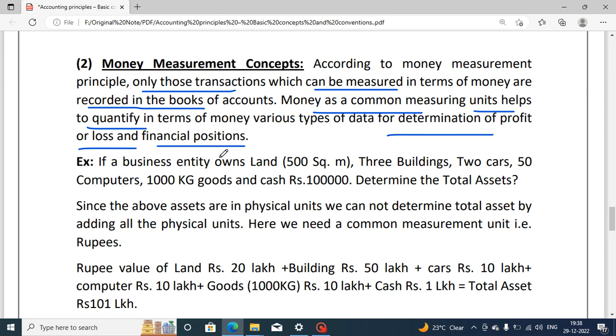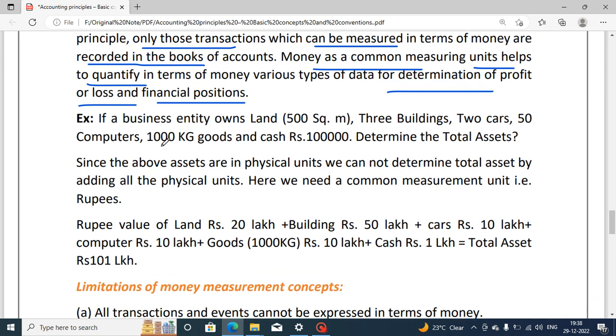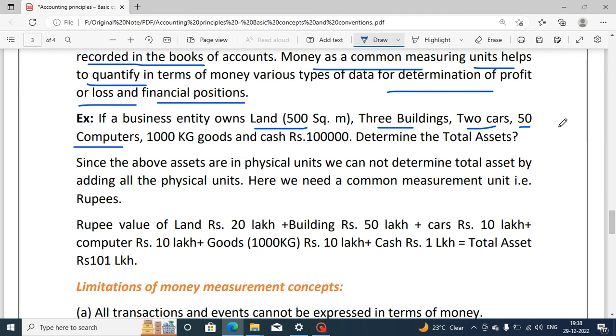So let's take an example and understand. If a business entity owns land of 500 square meters, three buildings, meaning three pieces of building, two cars, meaning numbers of cars, 50 computers, meaning 50 pieces of computer, 1000 kg goods, and cash rupees 1 lakh.